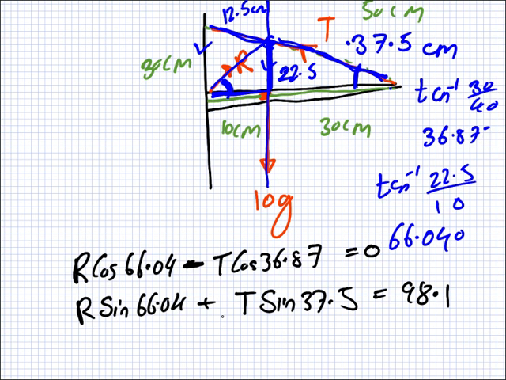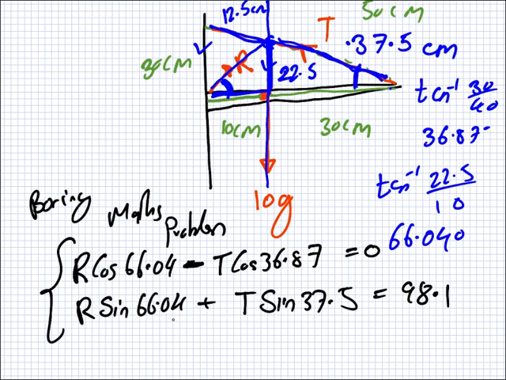Simultaneous equations. Simultaneous equations, yeah. Now, of course, you'll have to convert these into decimals and go through it, but now it's just a boring maths problem. We've done all the hard work to get to here. Now it's just a regular maths problem.